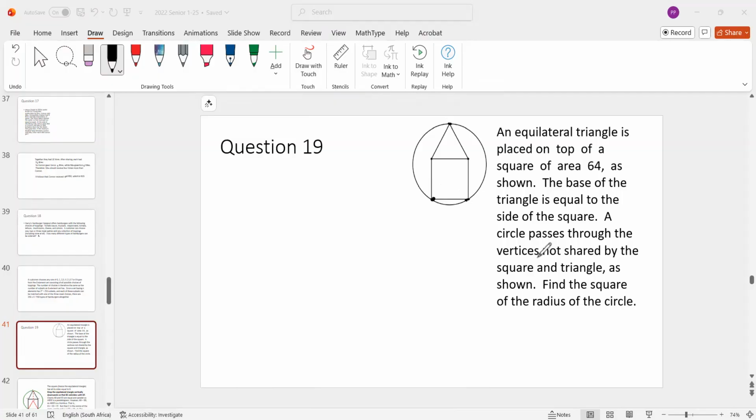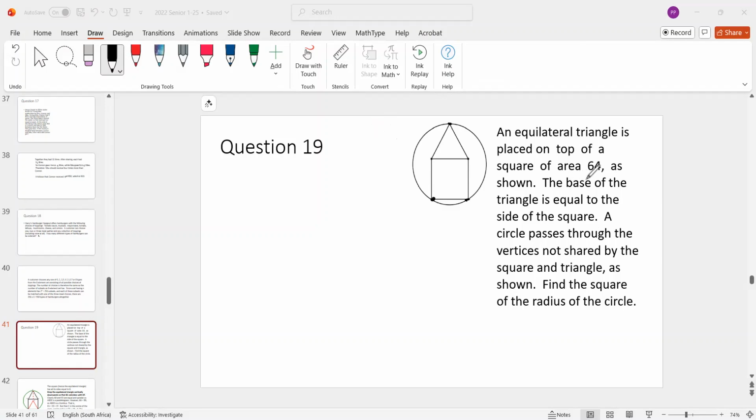I might have mentioned that given any 3 points, you can always draw exactly one circle that contains those 3 points. Okay, so suppose you draw that circle. The question is find the square of the radius of the circle.